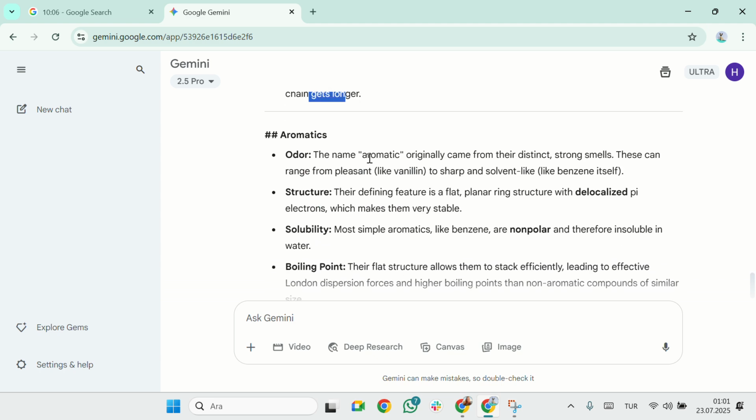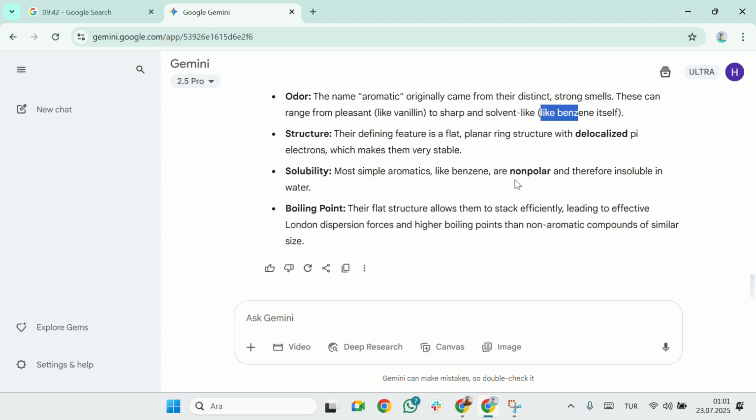Aromatics. The name aromatic originally comes from their distinct strong smells, which can range from pleasant to sharp, solvent-like, like benzene itself. Their defining feature is a flat, planar ring structure with delocalized pi electrons, which makes them very stable.